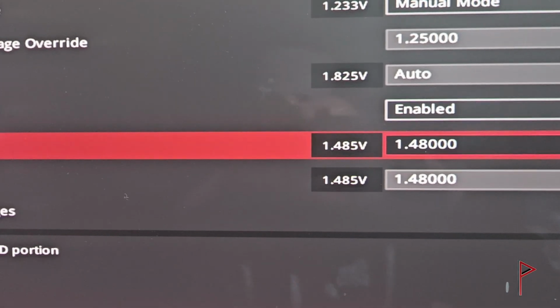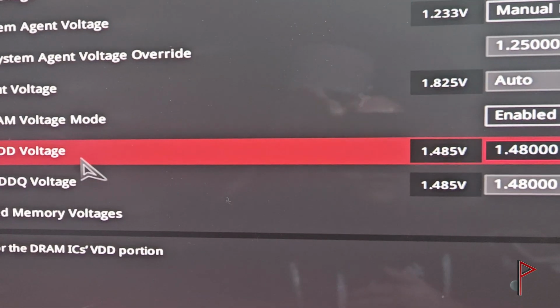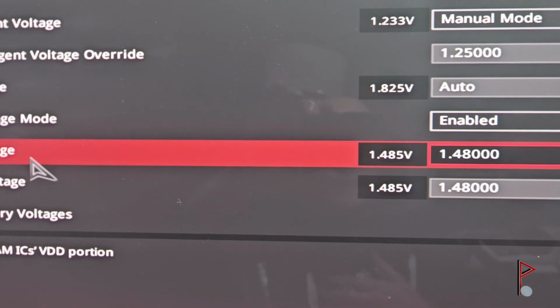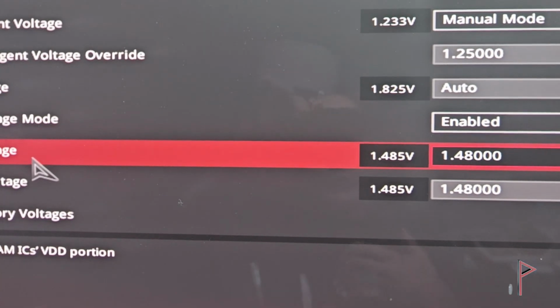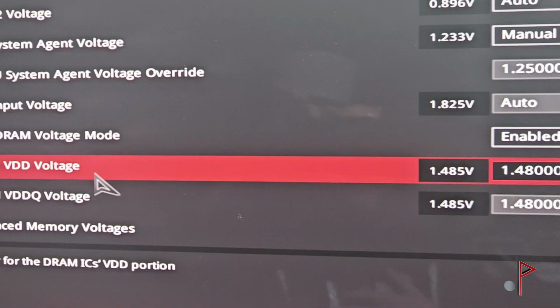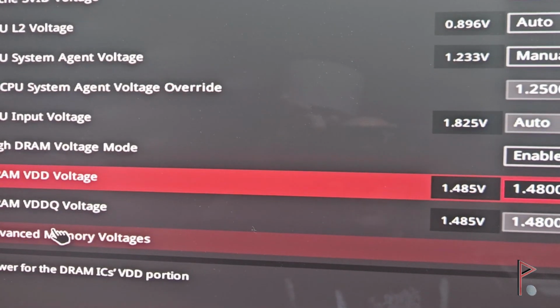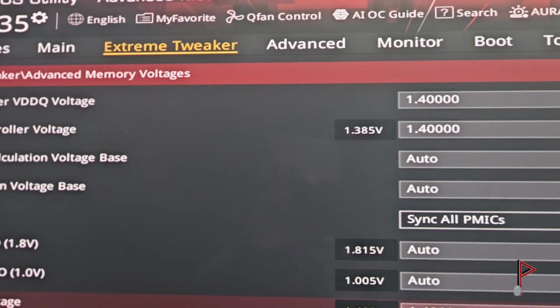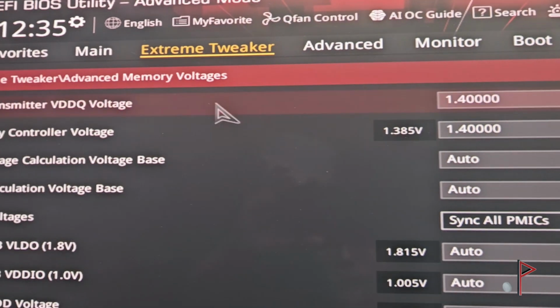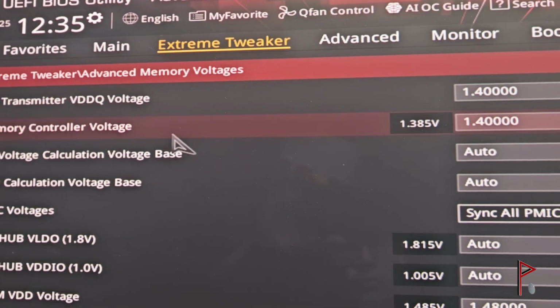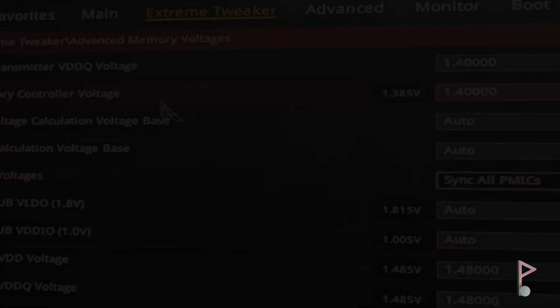But this should supply VDD and VDDQ with enough voltage to perform their functions as we gradually increase the loads while we're tuning. So we changed those, we changed system agent, and we changed over here 1.4 apiece to the VDDQ and VDD2 of the CPU.